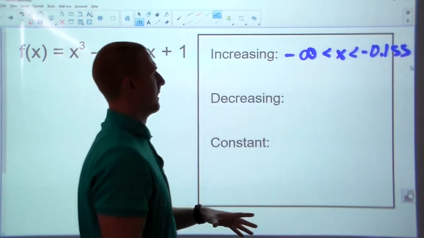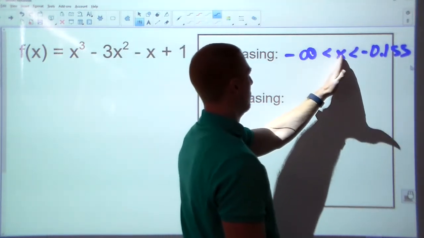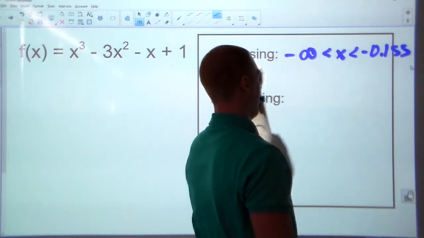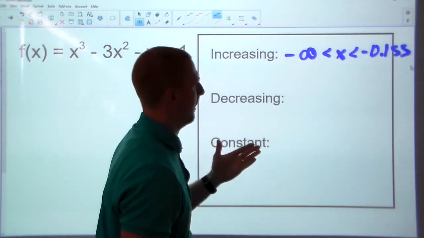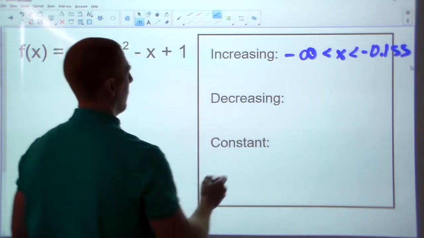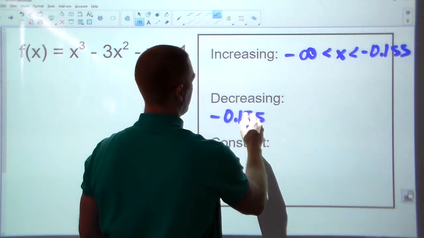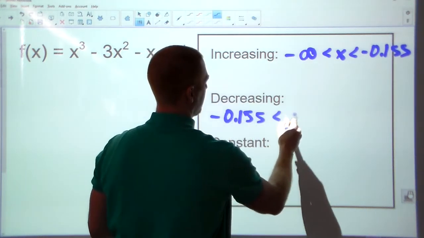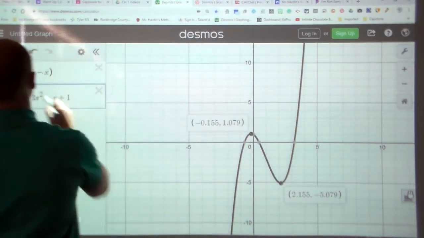And I'm using that notation again that I showed you on the warm-up. It's just a lot easier to show it that way. When x values are between negative infinity and negative 0.155, then I am increasing. Now, I was decreasing from negative 0.155 until I got to, I'm going to flash back real quick to see what it was, 2.155.